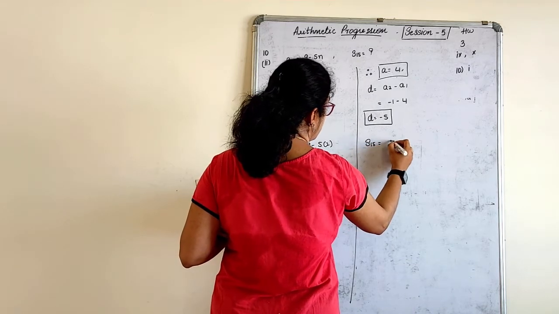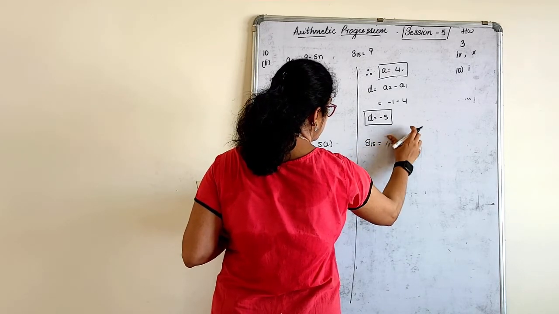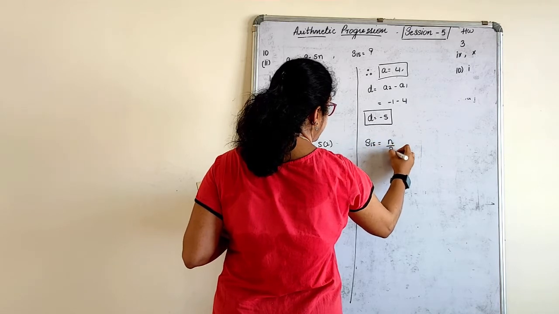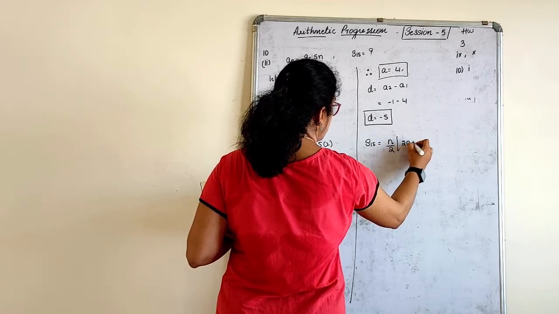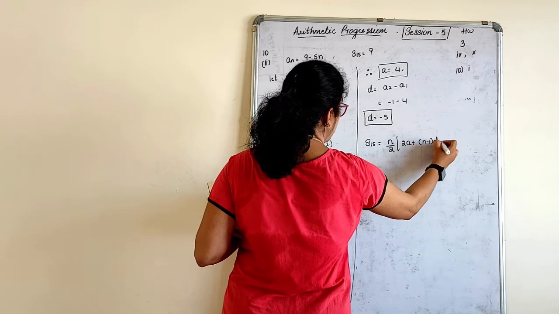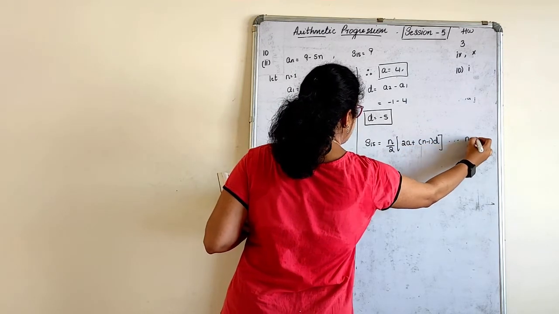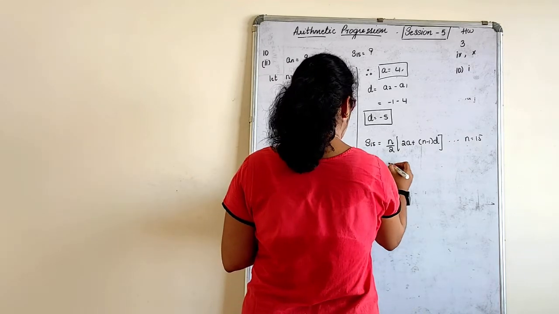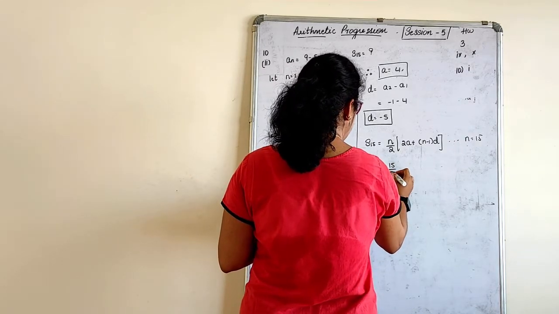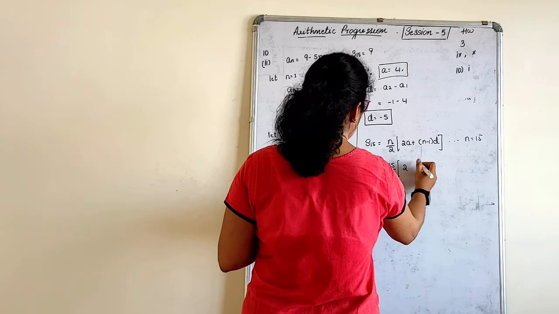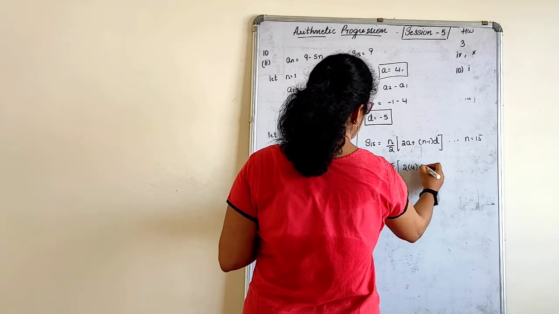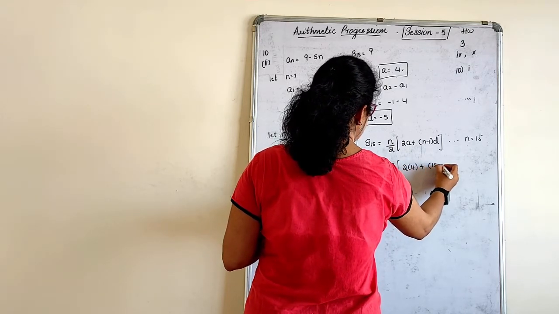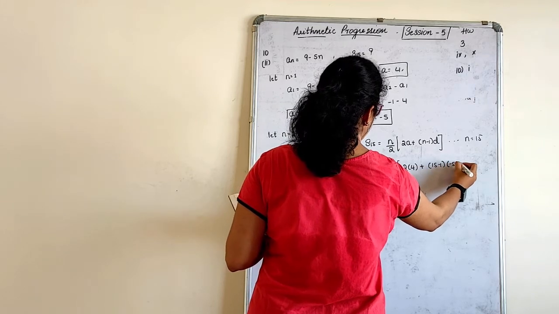S15 is equal to n by 2, 2a plus (n minus 1) d, where n is 15. 15 by 2 of 2a plus (15 minus 1) of minus 5.